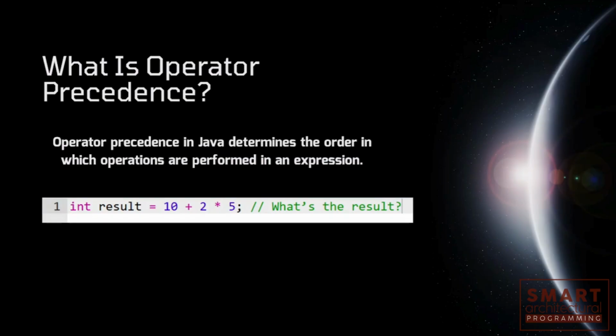Or how does Java resolve them? So generally speaking, operator precedence in Java determines the order in which operations are performed in an expression. Just like math, as I mentioned just now, certain operators are evaluated before others. For example, multiplication happens before addition in mathematics, and similarly, there might be some rules around that in Java as well, and we'll be going over those rules.